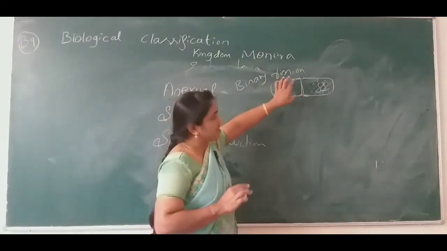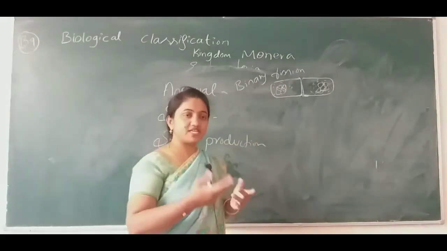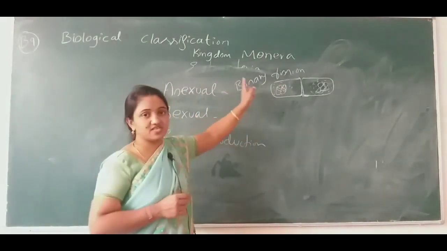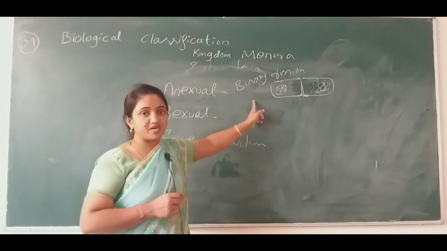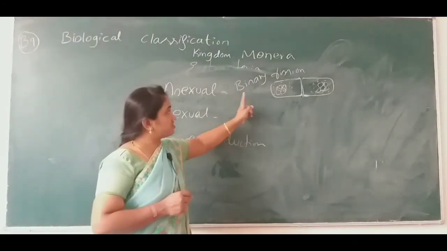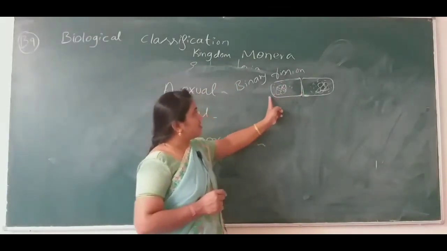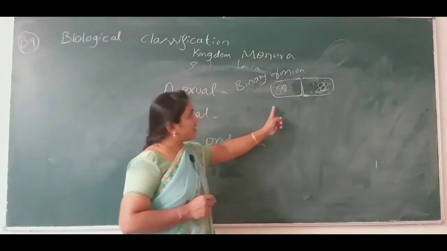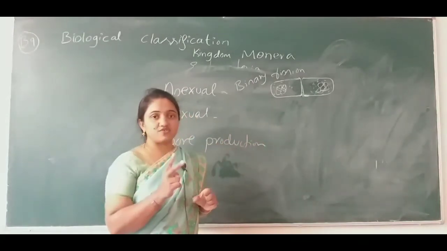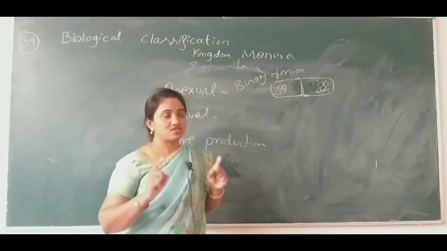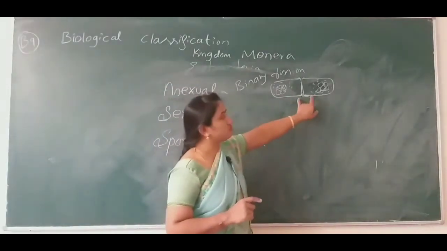Now this bacterium will grow, mature and develop. The type of asexual reproduction is binary fission. What is binary fission? Binary fission is the type of asexual reproduction where the cell reproduces and gives rise to two equal daughter cells. So these are two daughter cells now.